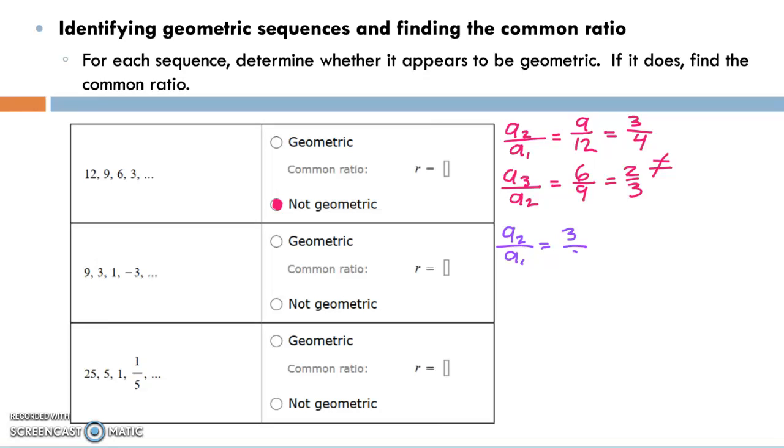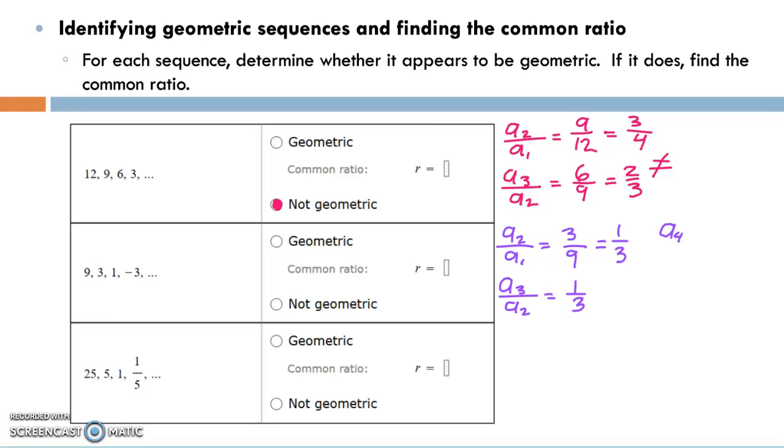The first term is 9. Sorry about that. So that equals 1/3. Now, the third term divided by the second term, the ratio between those two terms, is 1/3 directly. So far it's looking good. But we need to check all of them, because look at this.